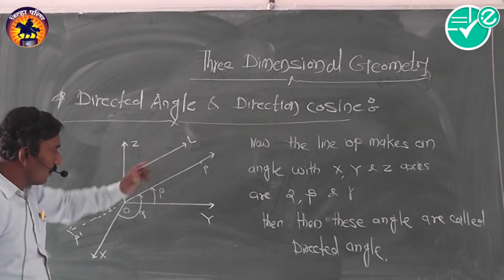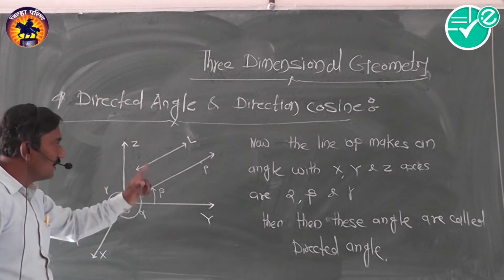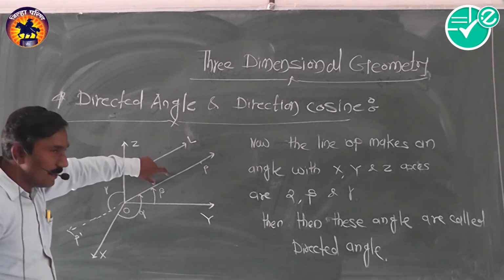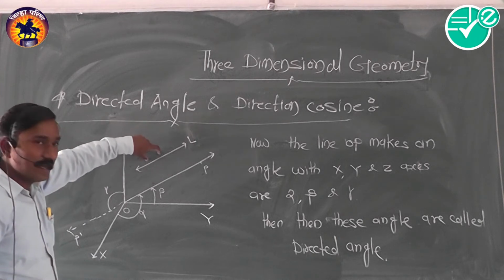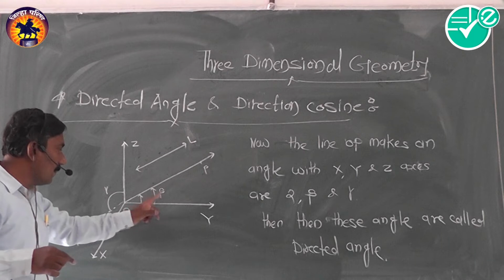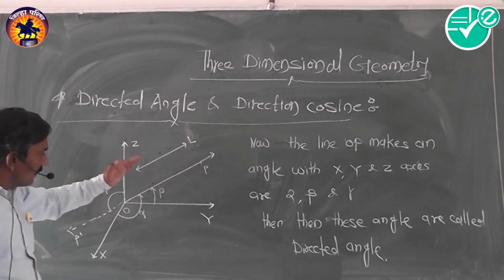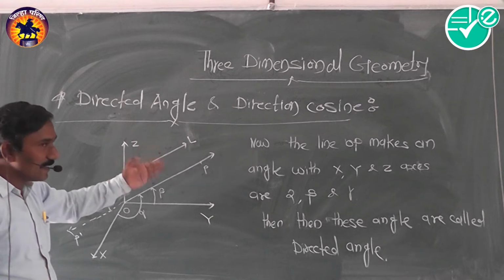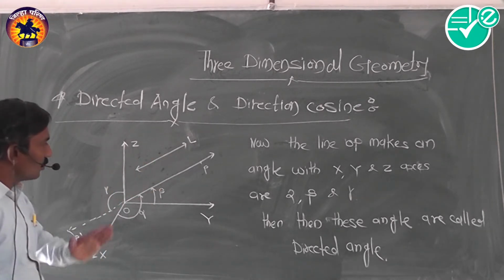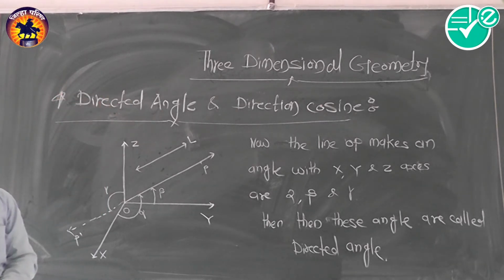Similarly, OP makes angles alpha, beta, gamma with the x, y, z axis, but here the line L is parallel to OP, which means the L line also makes the angles alpha, beta, gamma with the x axis. Any line parallel to the OP line also makes the angles alpha, beta, gamma. So these are called directed angles.